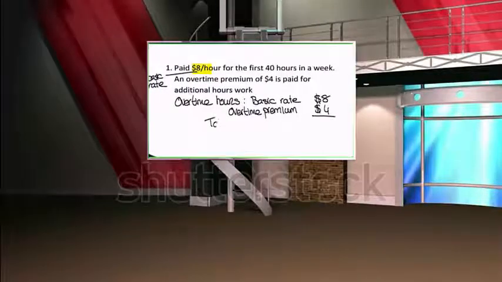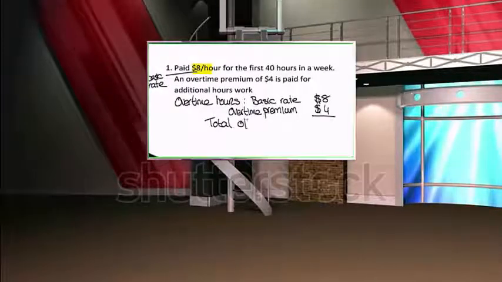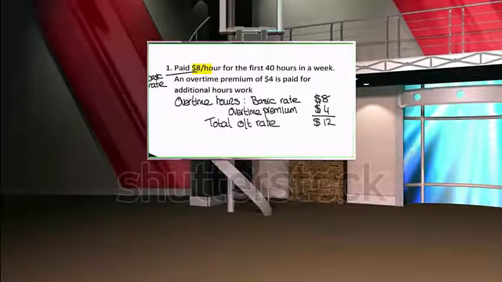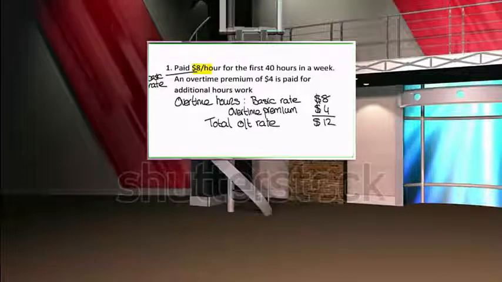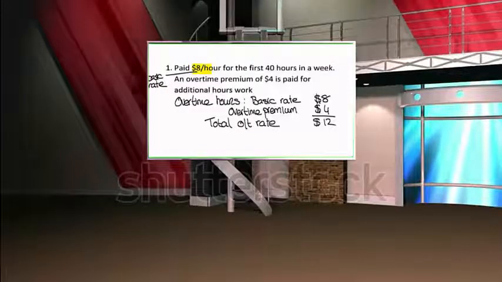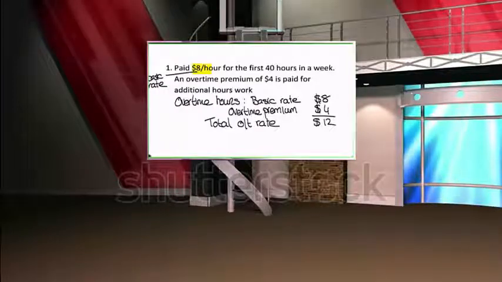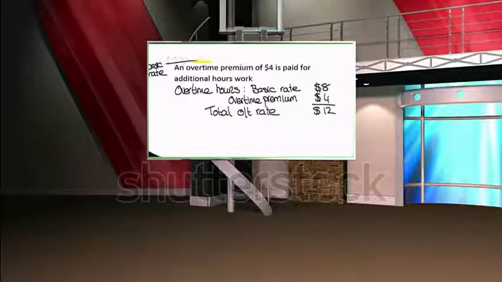So the total overtime rate is $12. If we were to look at this particular payment system on a graph, what would we find? Well, let's have a look.